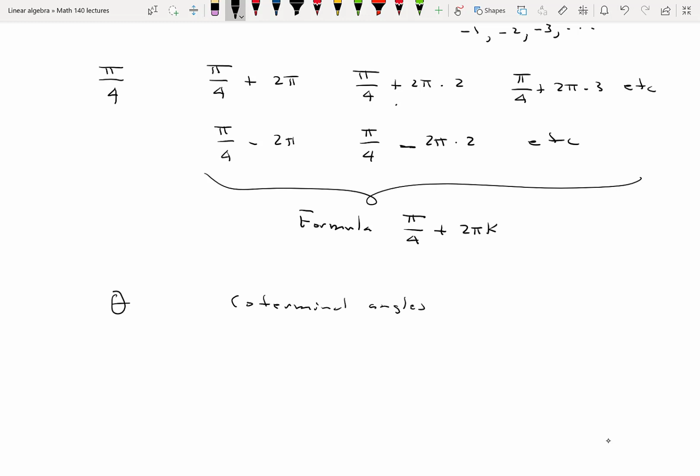They would look like theta plus 360 degrees times k in degrees, or theta plus 2 pi k in radians. This is how we express a formula for every single angle that's coterminal with theta, depending on whether theta is in degrees or radians.